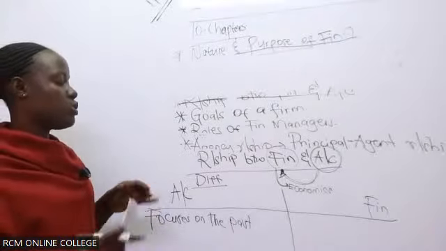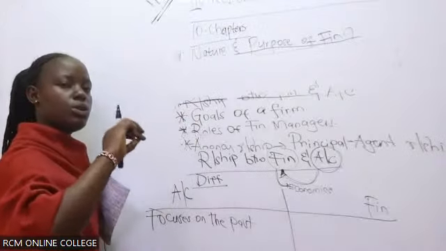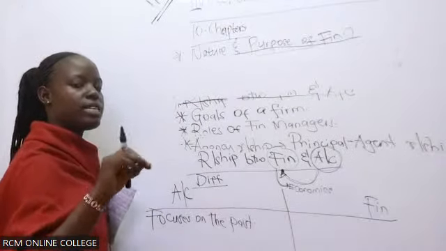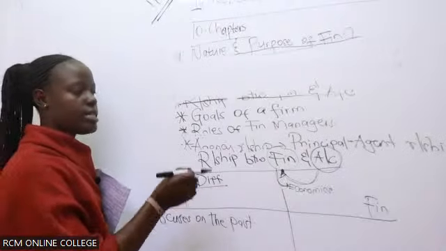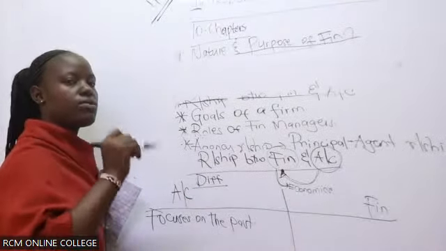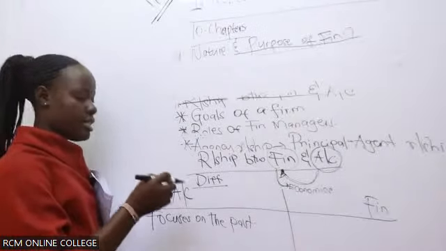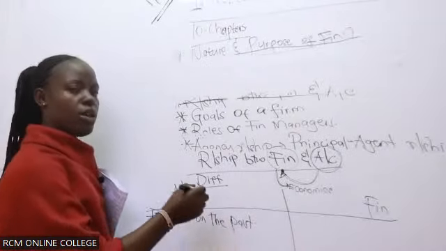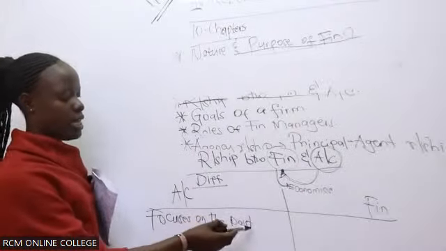In accounting, you're going to account for the finances that you allocated to various activities. Did the finance allocated to a certain activity achieve what it was meant to achieve? Meaning that you're evaluating an event that already happened.